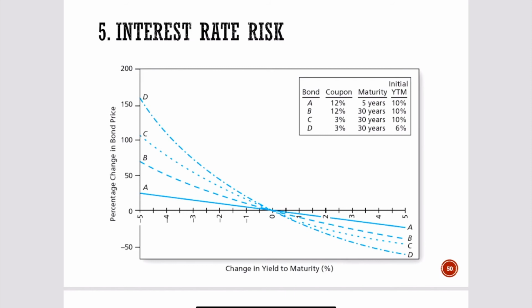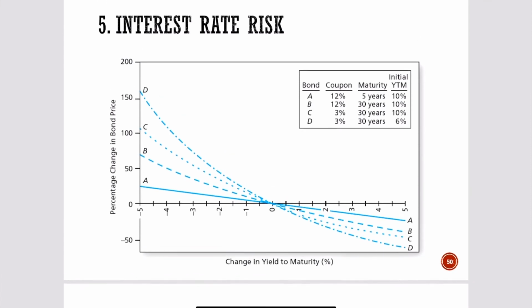So we have introduced two sources of risk to bond investment. The first is default risk. The second is interest rate risk. Default risk is simple and easy to understand, and interest rate risk is actually much harder to understand. So it will occupy a larger portion of this chapter on bonds and fixed income.